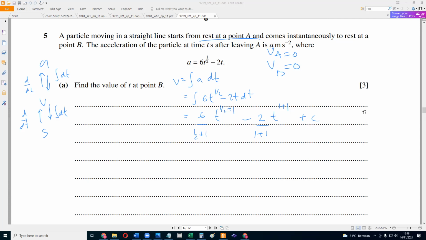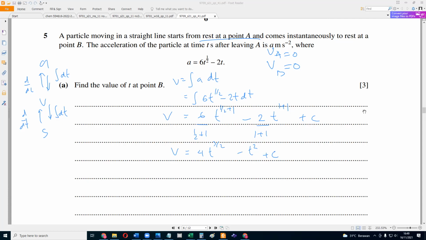This is going to be the formula for the velocity. So it's going to be 4t to the power 3 over 2 minus t squared plus c. That's the velocity v.